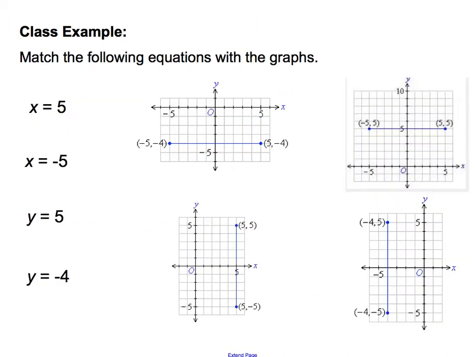Well, let's do a couple of examples here. We have to match these equations with these lines. Now there was a mistake here. I have to change that. This is supposed to be -5, not -4. Well, let's talk about this line. Which axis does it cross? It crosses the y-axis.